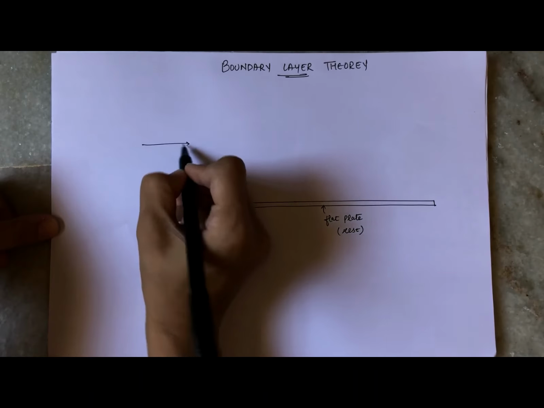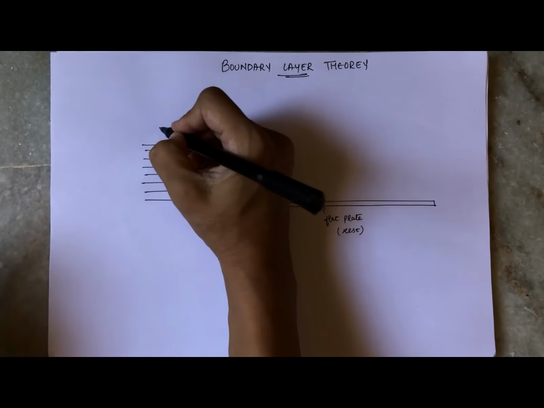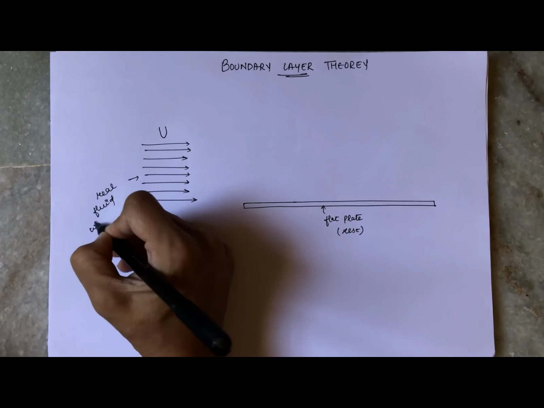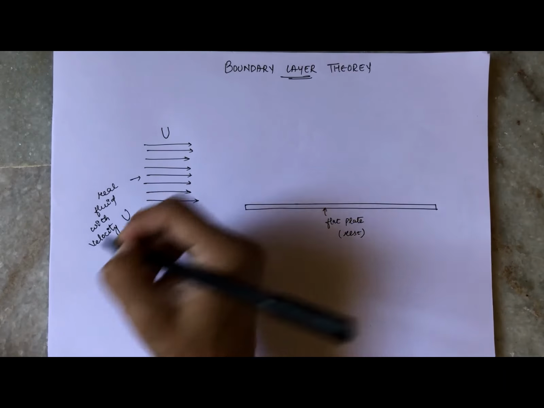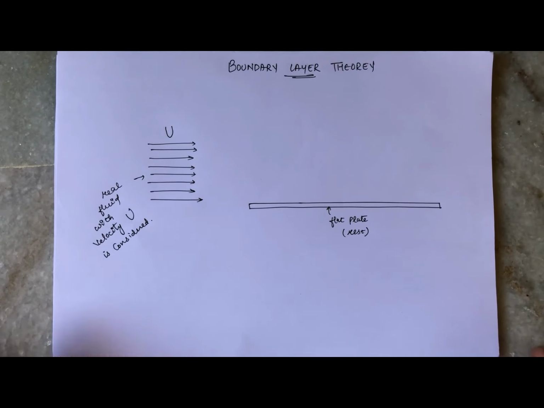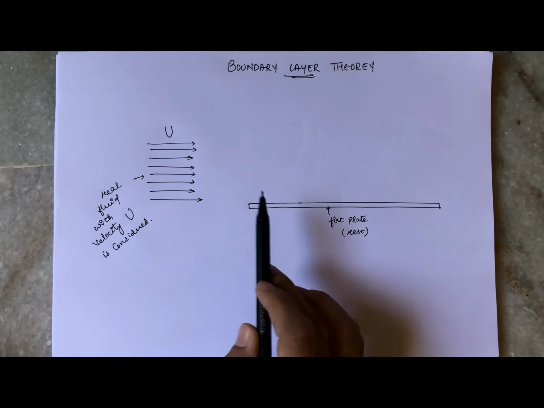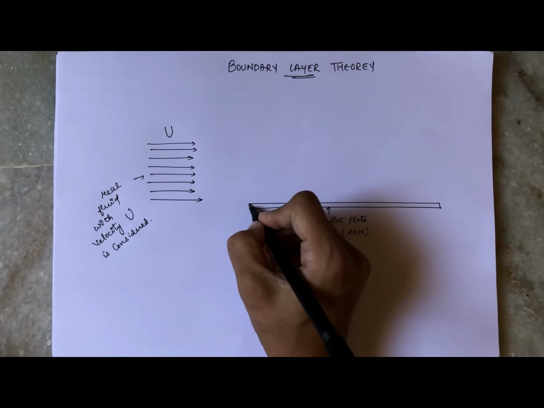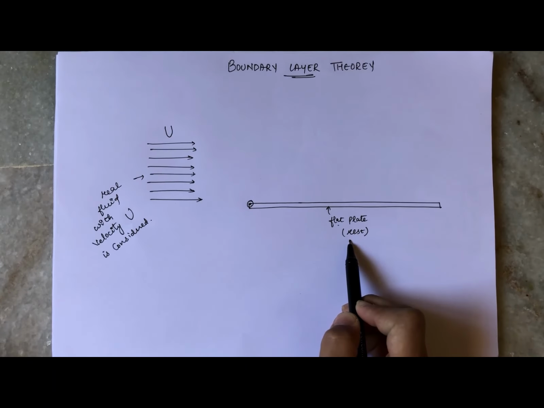Now we are considering a fluid which is flowing with a free stream velocity capital U, a real fluid with velocity capital U. As this real fluid comes in contact with the surface of the flat plate at this point, its velocity will become 0 because the flat plate is at rest, or stationary.